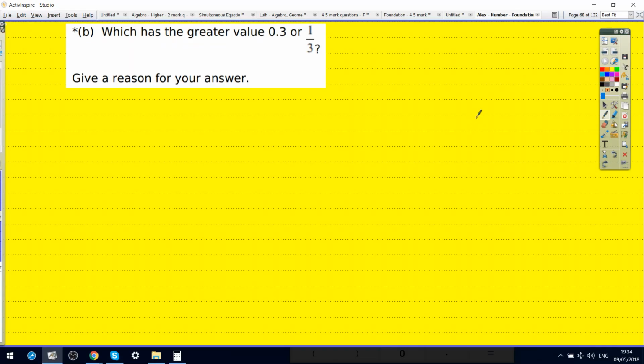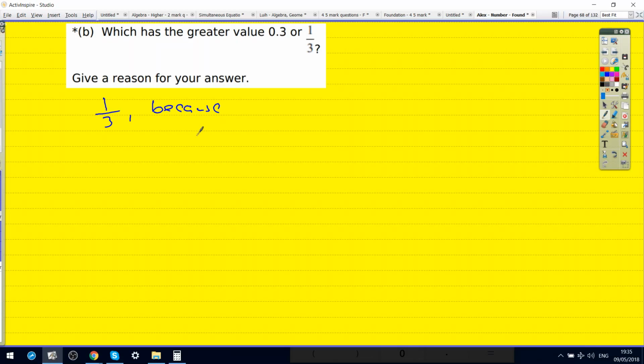Any idea about this one? Um, 0.3. And why is that? Give a reason for your answer. Actually, would it be 1/3? That's out of 100, the same as that one. So, actually, it would be 1/3. And why is that? Because 1/3 of 100 is larger than 30.